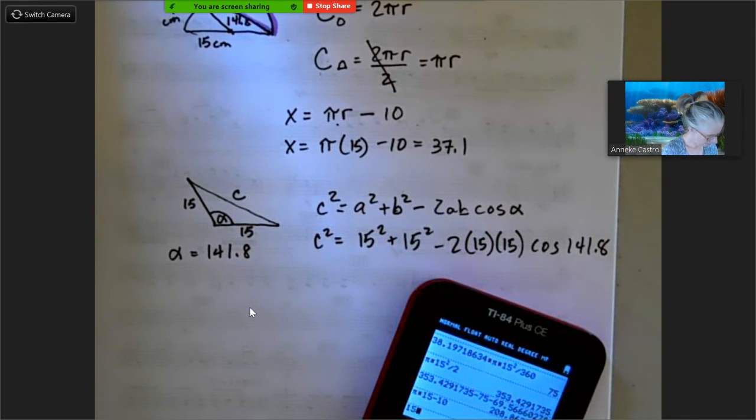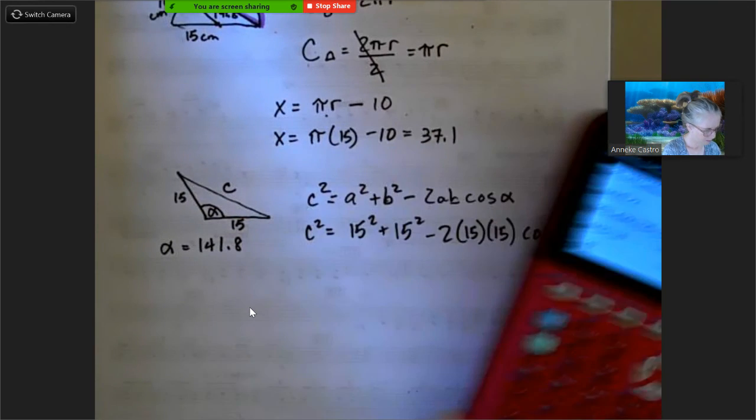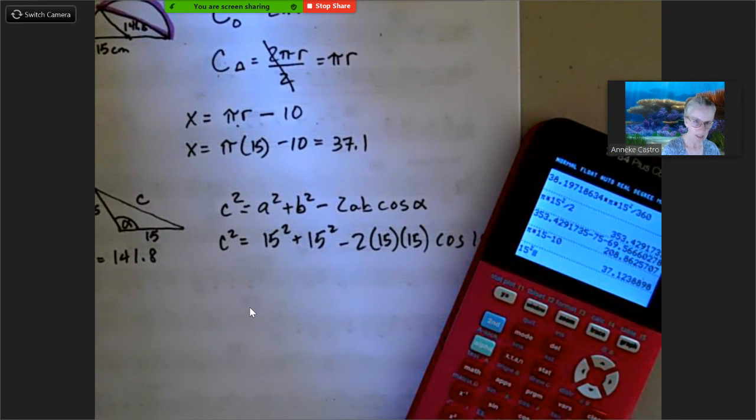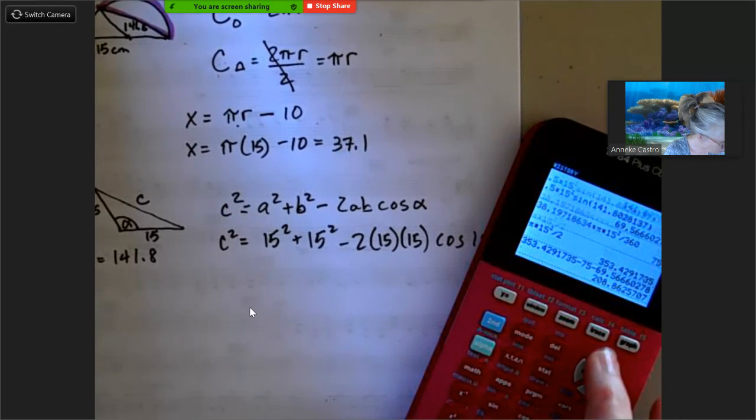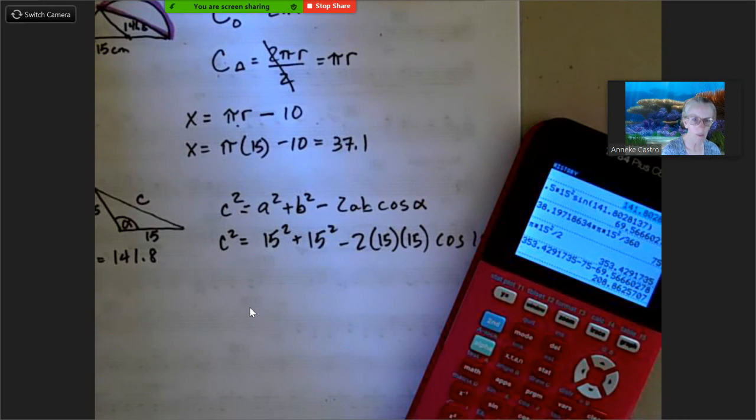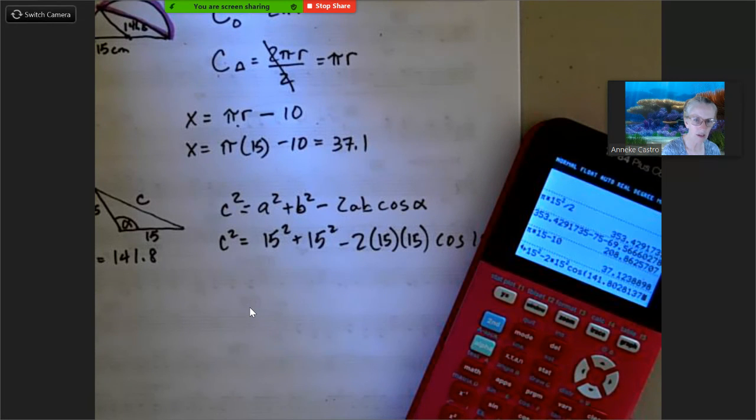So 15 squared plus 15 squared minus 2 times 15 squared times cosine. And I wonder if I have that 141.8 in here still. There it is. So I scrolled up, I found the 141.8, put it in, hit enter.